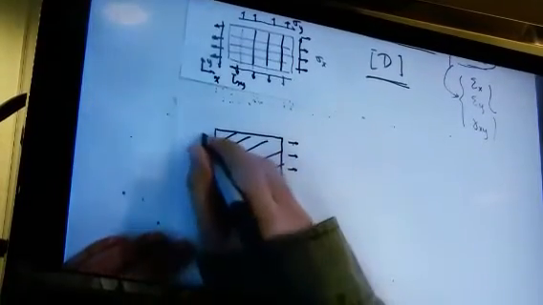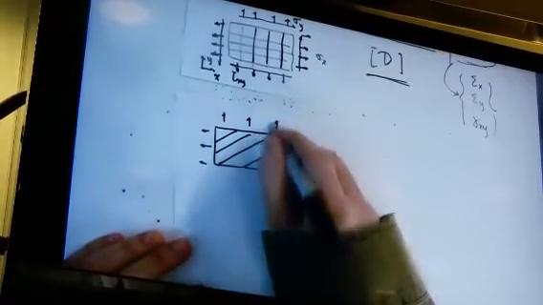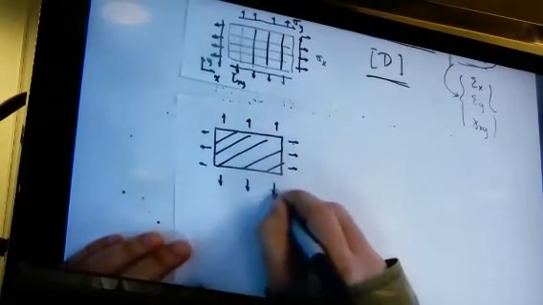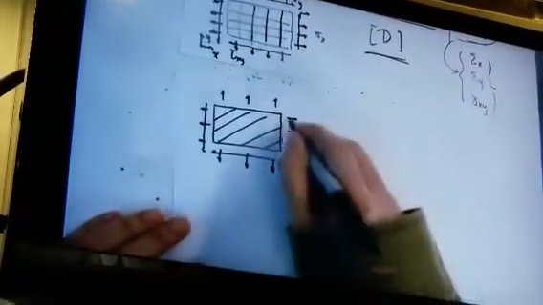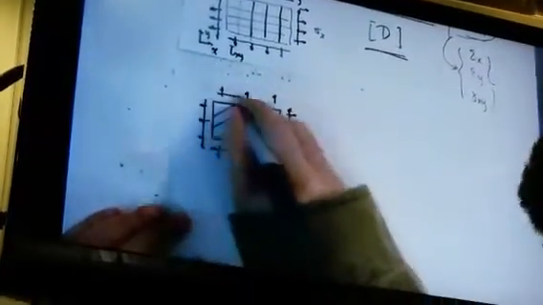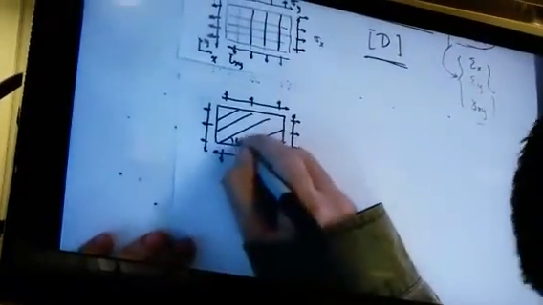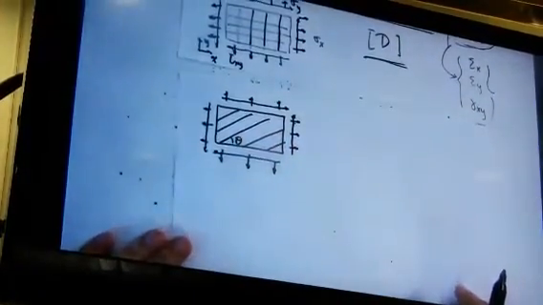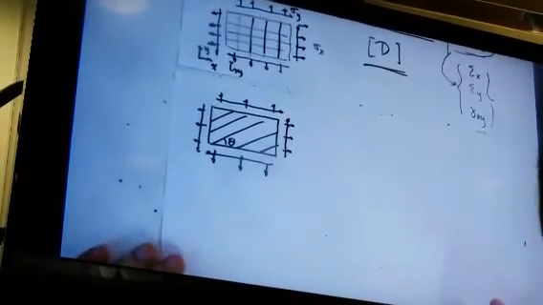So this is the loading direction. Normal stress and shear stress. There's an inclined angle between the filament direction and the coordinate direction.